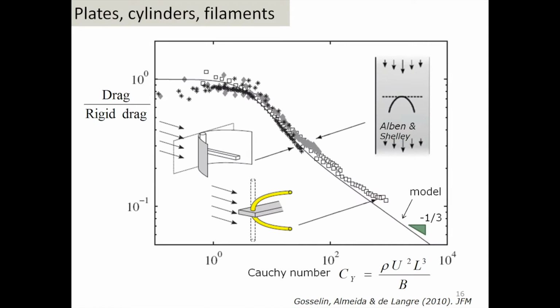If you look at these model systems and others, there is a seminal paper by Alben and Shelley on a very small thread in a soap film. What you find out is that the reduction of drag, versus drag if the plate was rigid, does decrease with the Cauchy number, which is the velocity squared scaled by the stiffness.